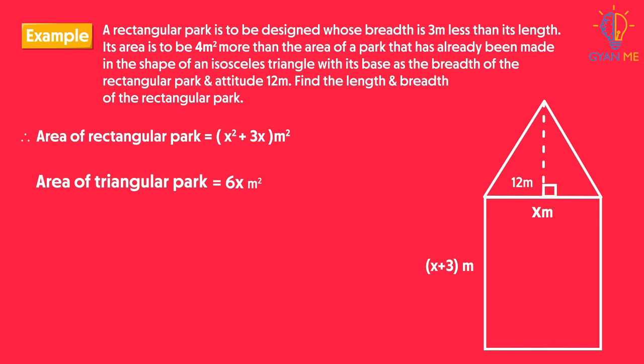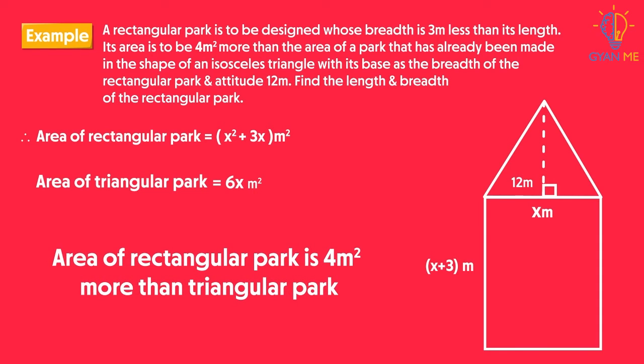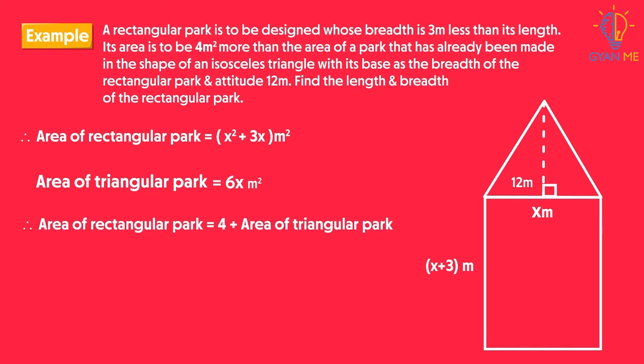Now we are given a relation that the area of the rectangular park is 4 meters square more than the area of the triangular park. Therefore, our equation becomes x square plus 3x, which is the area of the rectangular park, equal to 4 plus the area of the triangular park, which is 6x. Therefore, x square minus 3x minus 4 is equal to 0.